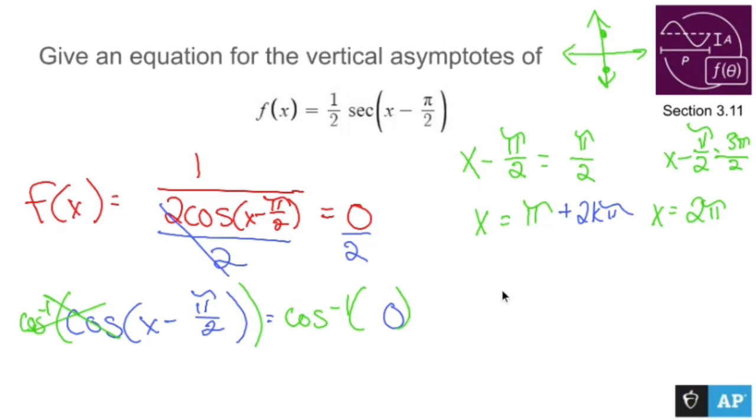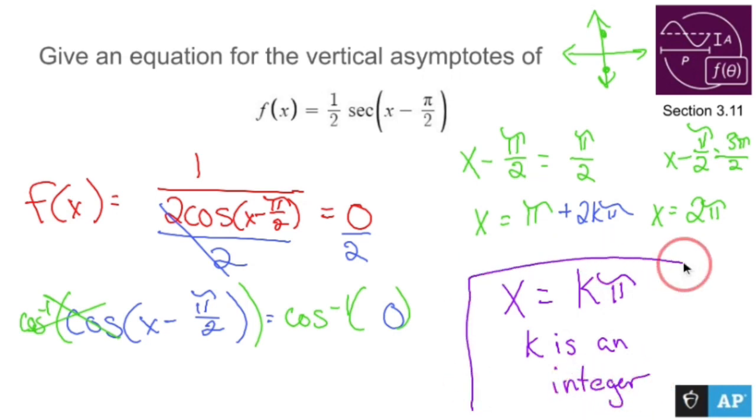So basically it's all the pi's. So my final answer is, pi, 2 pi, 3 pi, 4 pi, 5 pi, 6 pi: x equals k pi, where k is an integer. Okay, so there you have it.